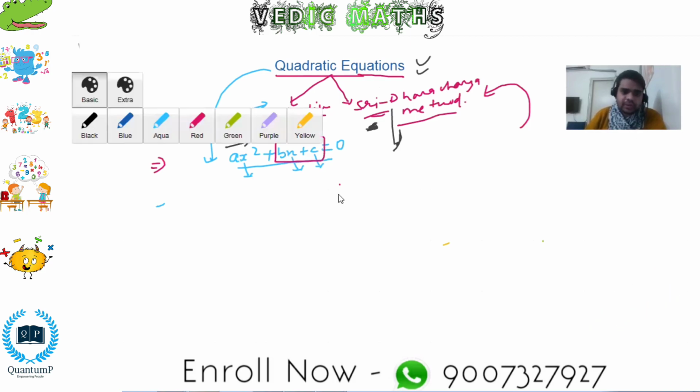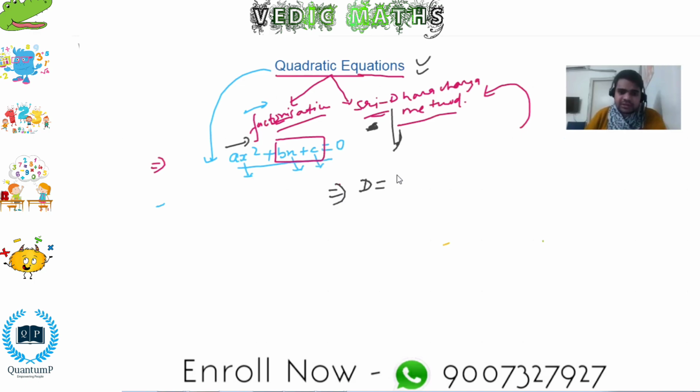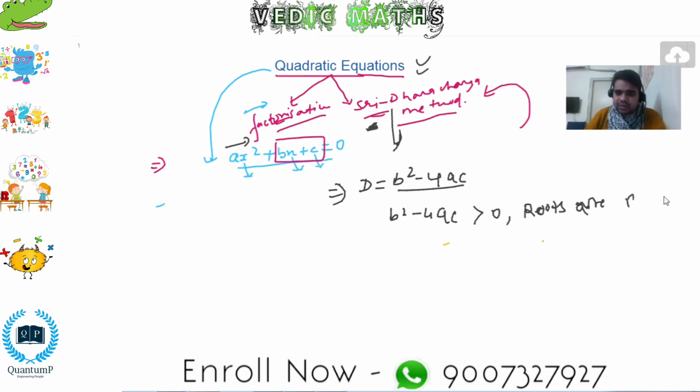D is a discriminant which has the value b square minus 4ac. So b square minus 4ac can be greater than 0. If it is greater than 0, then roots are real and distinct. Distinct means different.